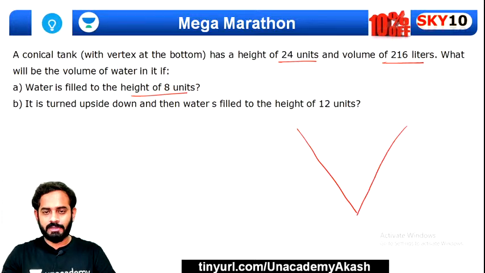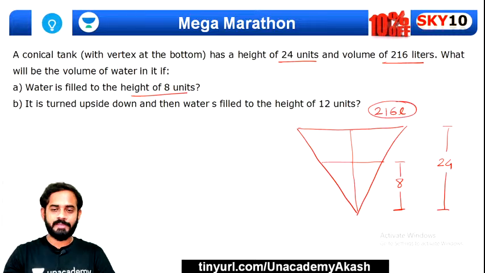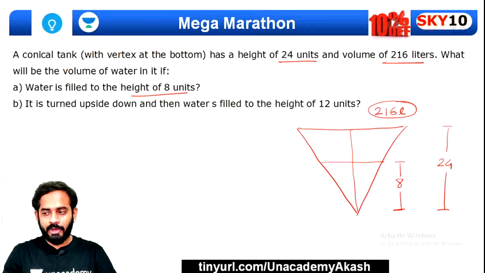Total height of this conical tank is 24 units, and water is filled to the height of 8 units. It is written in the question. Now the total volume of this conical tank is 216 liters. This is the capacity. Okay, I'll write down all the points over here. This is point A, B, C, D, E, F and G.